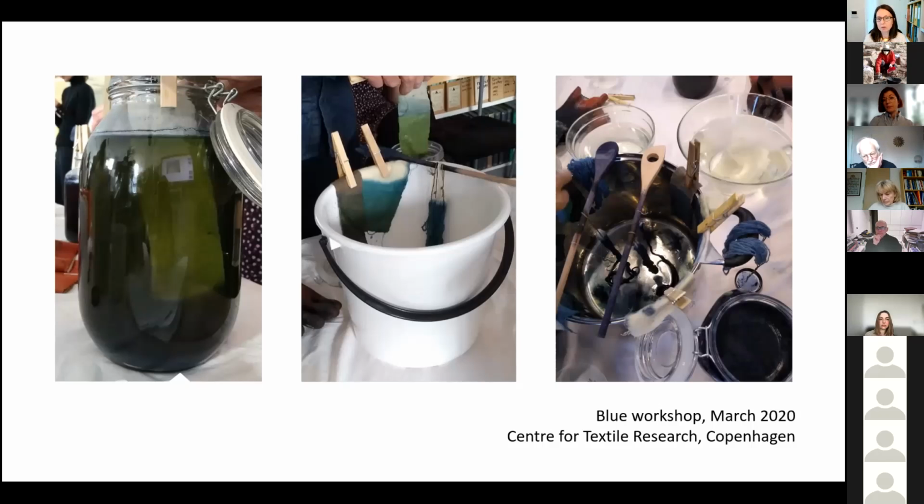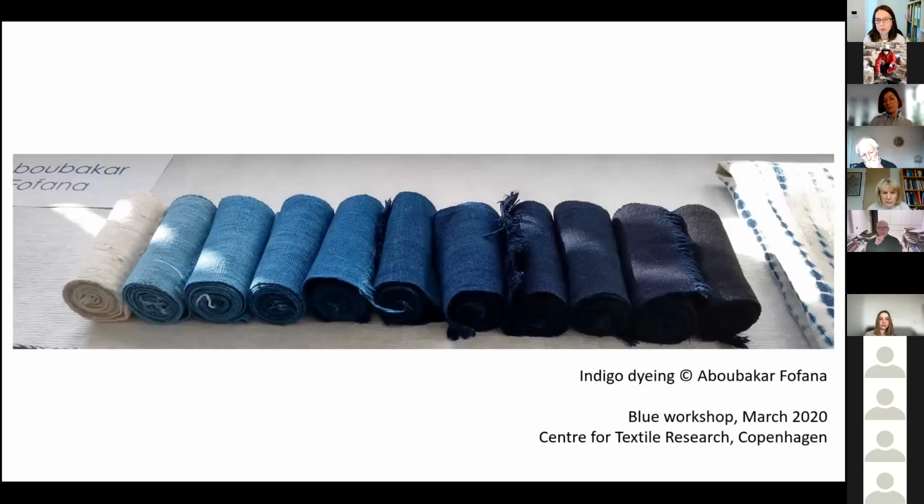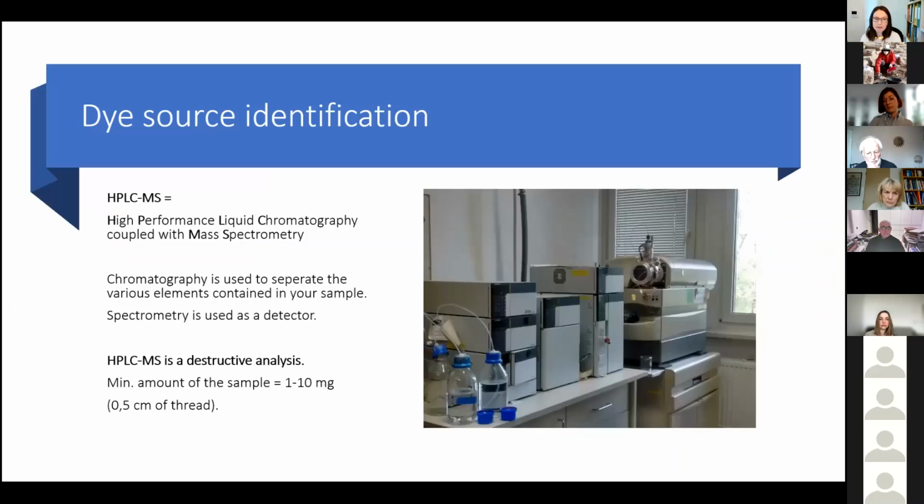With the mordant dyeing technique, it's the mordant which will influence the final hue of your color. But with indigo dyeing, it's the number of baths which will make your textile, your thread, deeper blue, and you can even reach black colors.